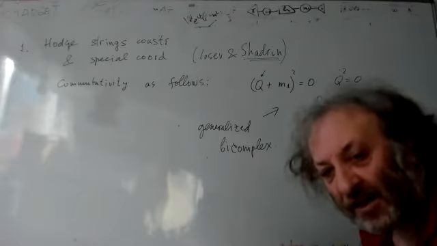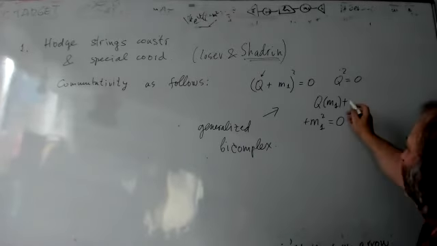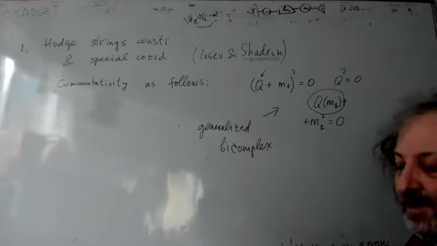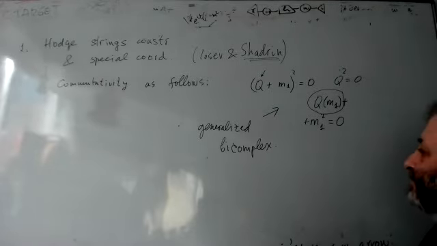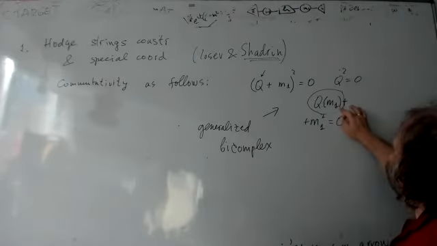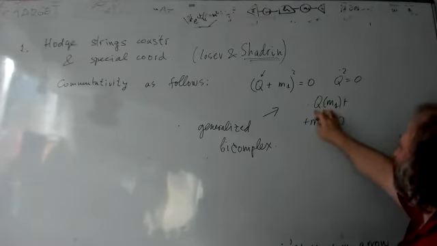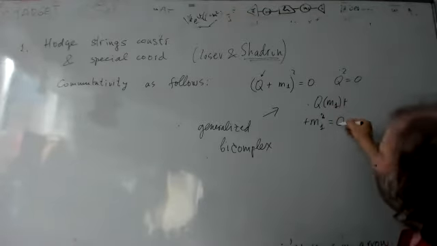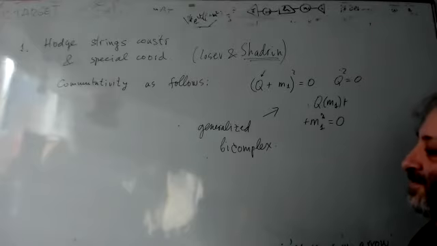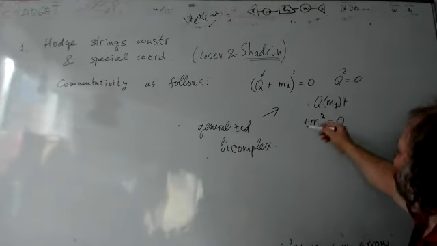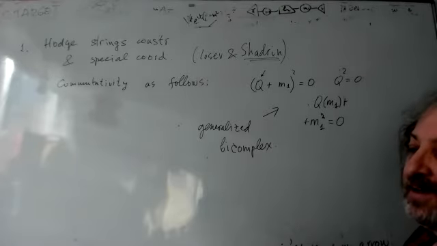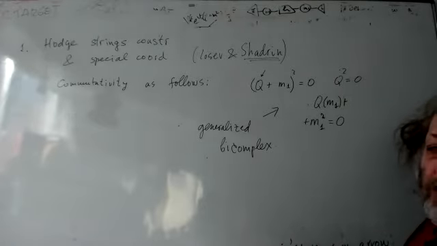Let me explain in which sense generalized. In a bicomplex, we assume that this term is 0. However, it is better to keep this term. And we will see that we would need exactly this definition, because this formula has a deeper homological meaning.